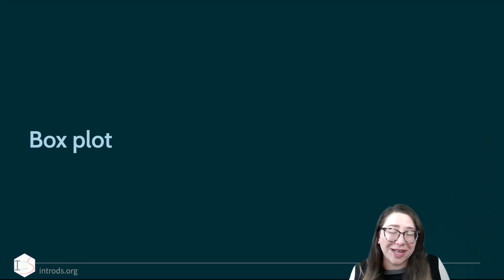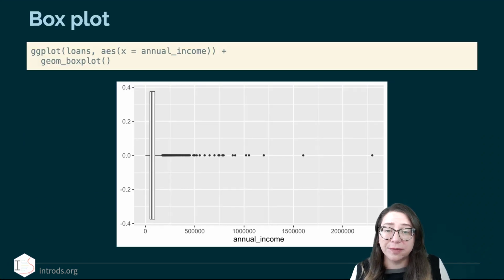Another way of visualizing numerical data is using box plots. Here I have a box plot of the annual income, and I've purposefully chosen this one instead of the loan amount because one of the things that box plots are really good at uncovering are potential outliers, and income tends to be highly right skewed in the US, really in any country, but especially in the US.